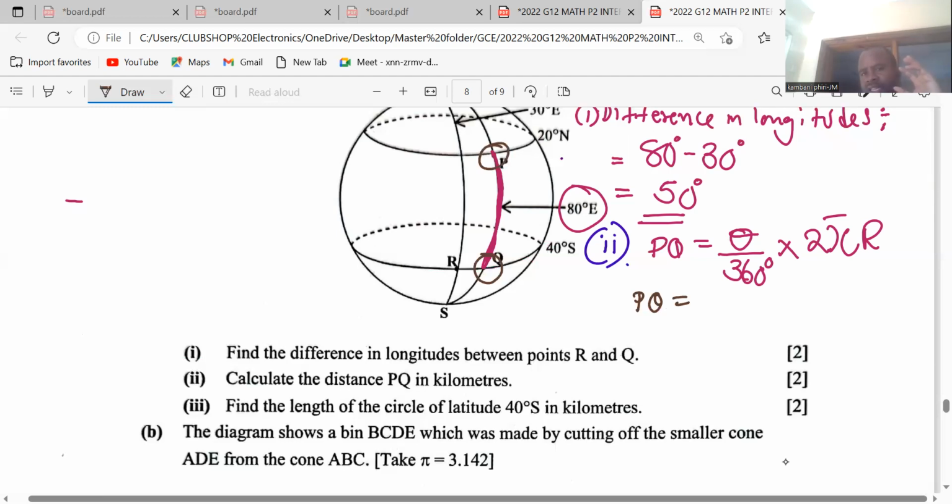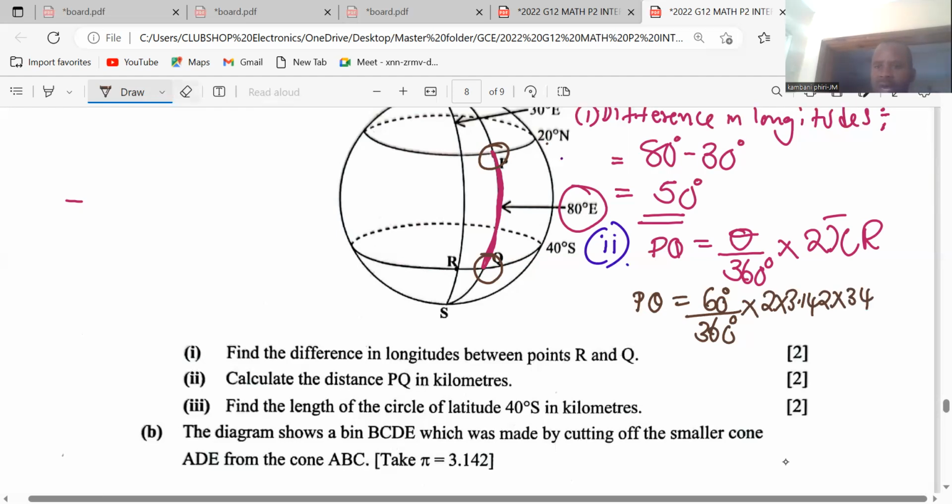We have 20 degrees north and 40 degrees south, so the difference is found by adding them: 20 plus 40 gives 60 degrees, divided by 360 degrees, multiplied by 2 times 3.142 times 6370 kilometers.